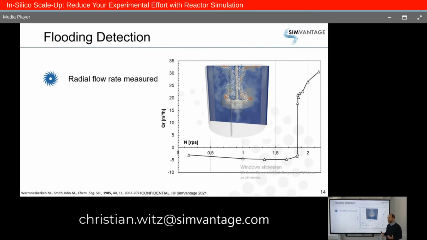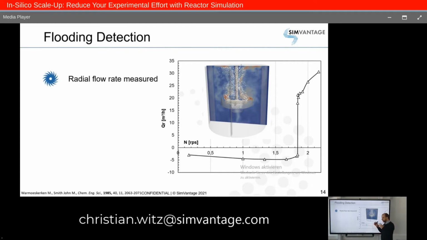So flooding is when the stirrer cannot distribute the bubbles radially anymore, if it's a radial stirrer. If you think about a Rushton turbine, if it's flooded, the bubbles just flow around the stirrer and flow to the next stirrer. And the Rushton turbine cannot distribute the bubbles anymore radially because either it's turning too slow or the gas flow rate is too high.